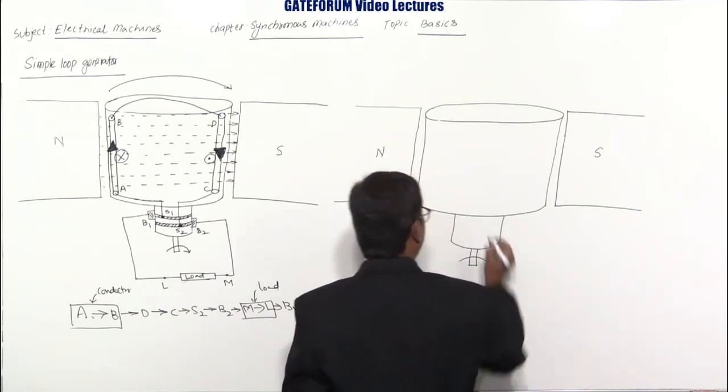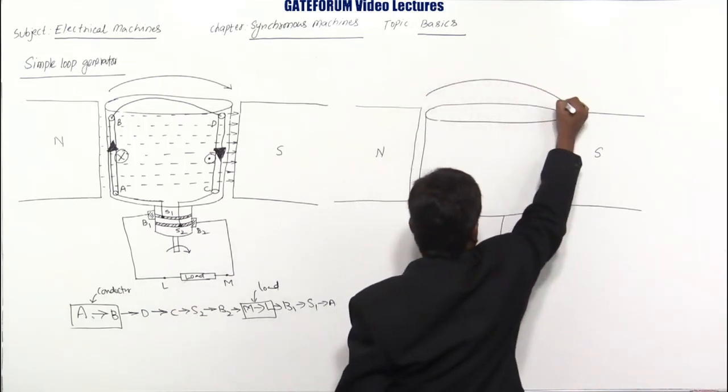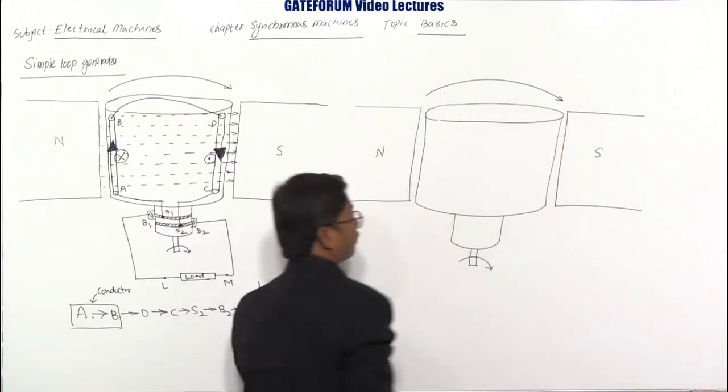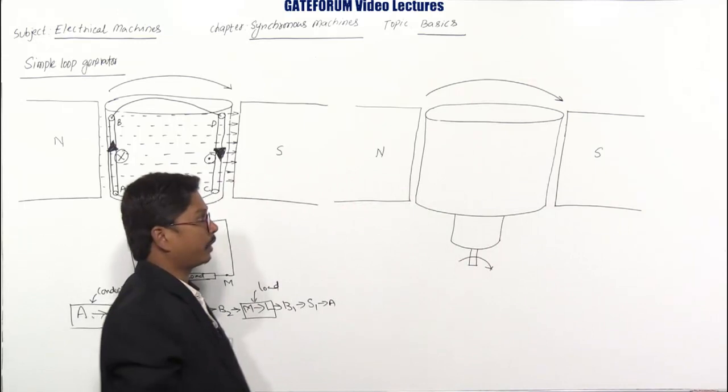We are rotating the shaft in this direction, therefore the total loop will move in this direction. That is the direction of rotation.